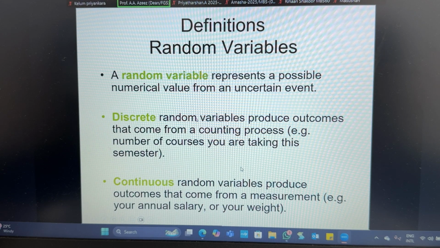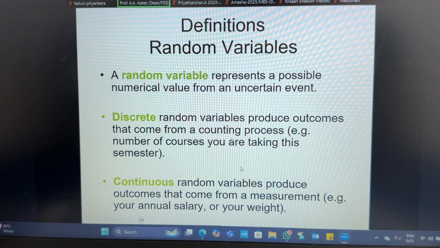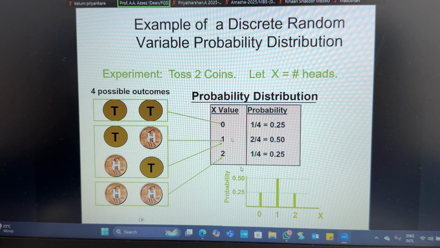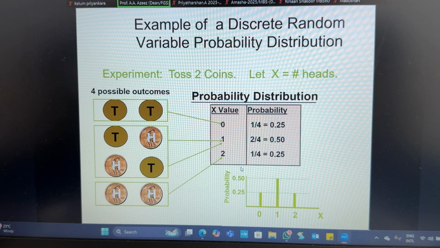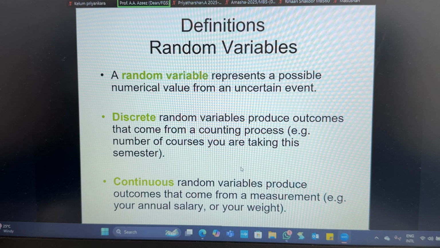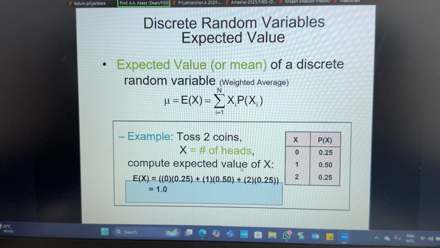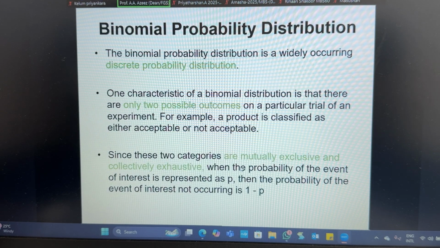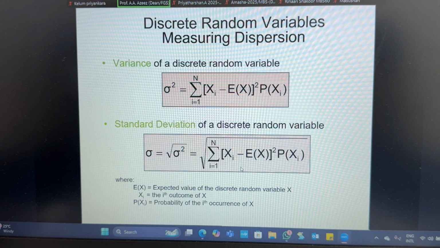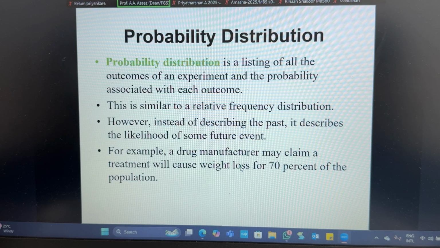One is discrete random variables, the other is continuous random variables. Under the discrete random variables, we have the binomial probability distributions.